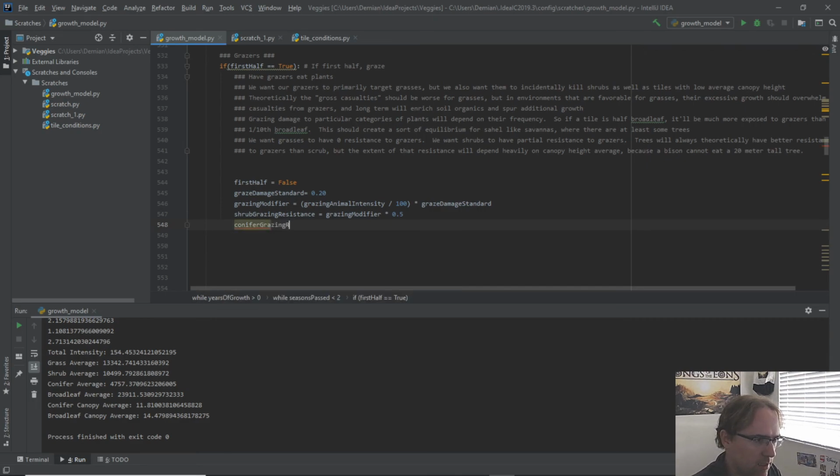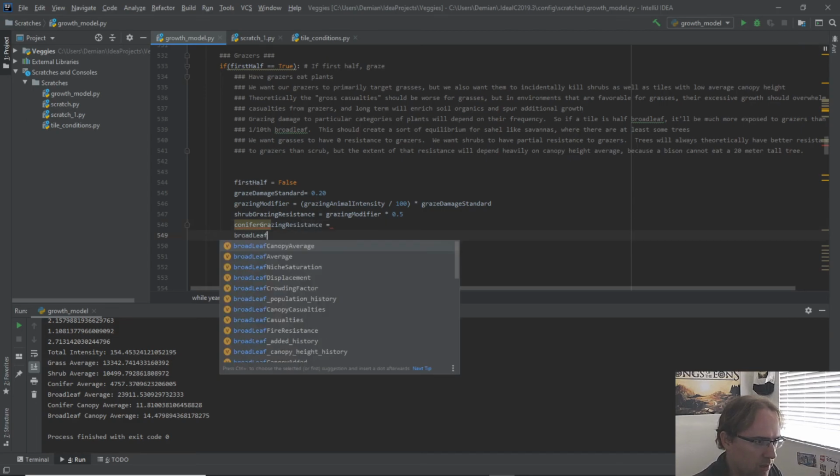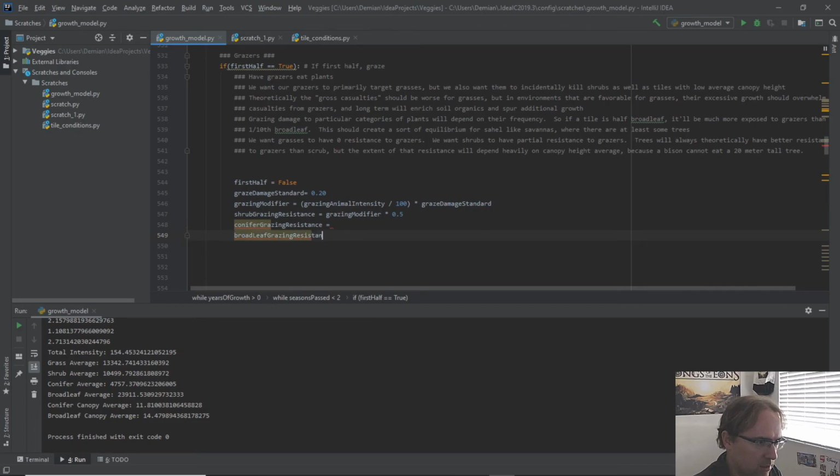Conifer grazing resistance is going to be more complex. Broadleaf grazing resistance. Shrubs grazing resistance is going to be uniform regardless of conditions. But conifer grazing resistance and broadleaf grazing resistance will be relative to their canopy height. We can assume at any given time there's going to be some saplings regardless of canopy height.